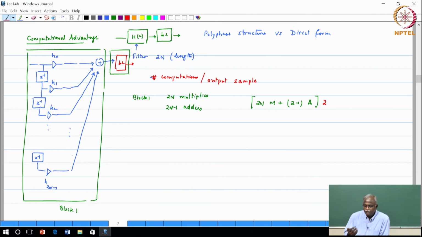Now, had you done it using the polyphase structure, what would have been the implementation? It would have been a demultiplexer at the input side, right.